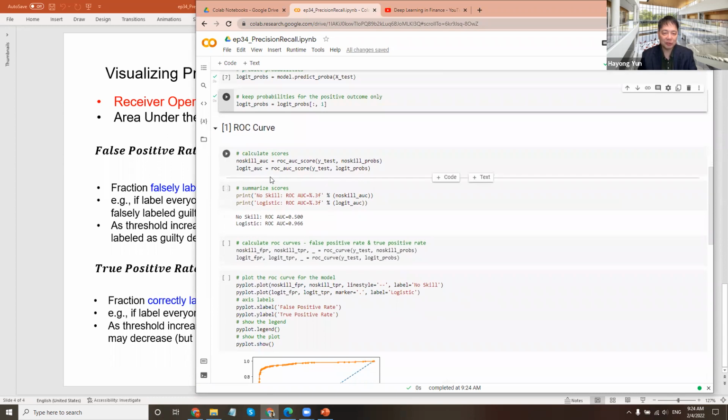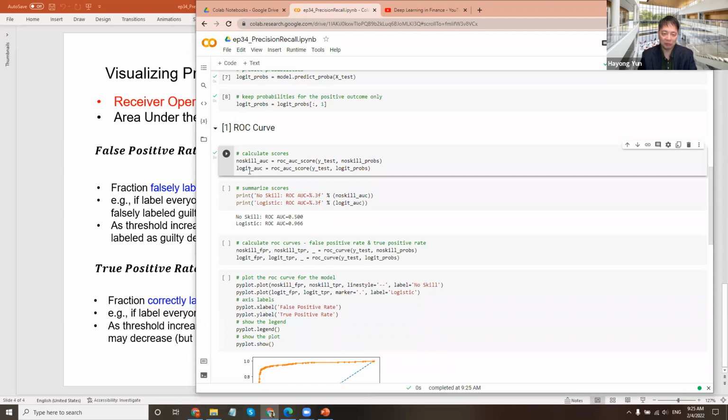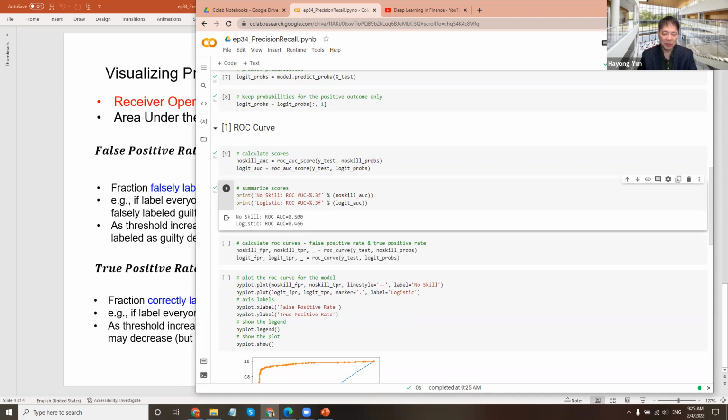So what's the ROC curve? The no skill area under the curve, AUC score, and the logit of this. So we make a comparison. The AUC of the no skill, the random number generated prediction of tagging guilty, is 0.5, as said. And the AUC of the logistic model is 96.6%, which is pretty good.